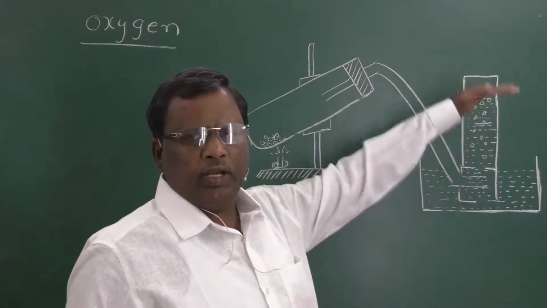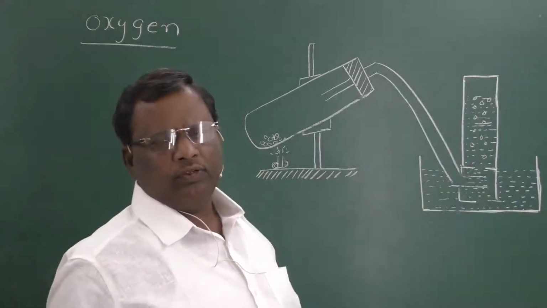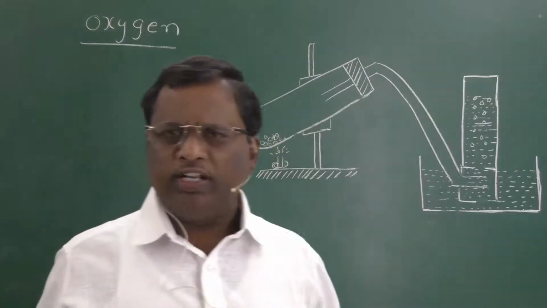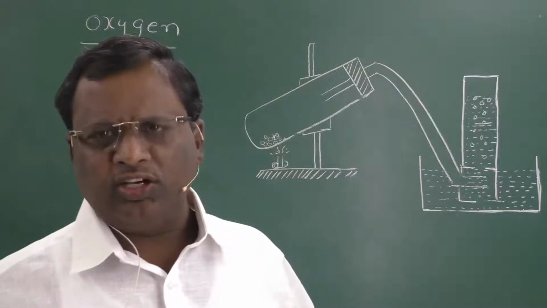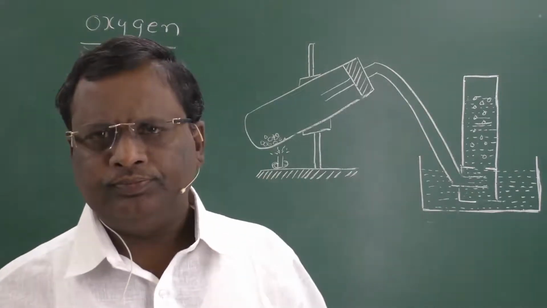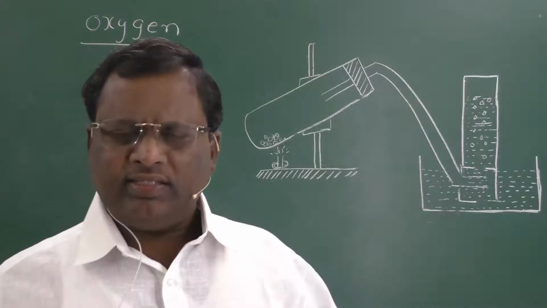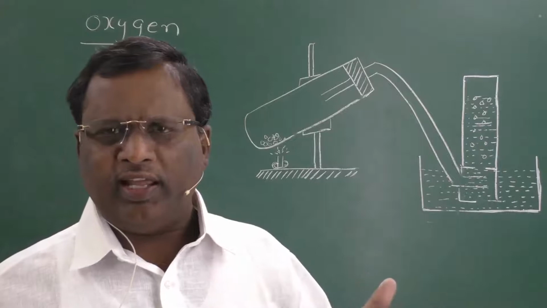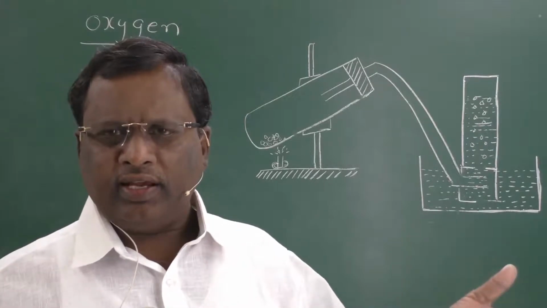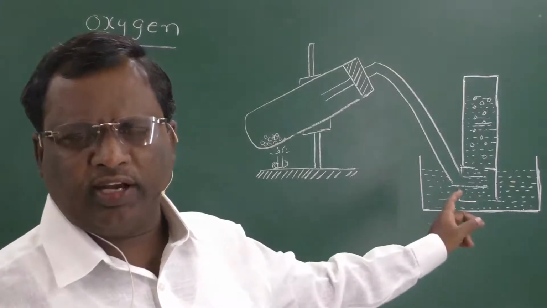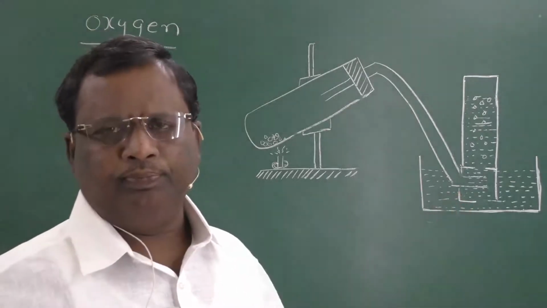This is called downward displacement of water, collecting oxygen gas by downward displacement of water, because oxygen is slightly soluble in water and it is lighter than air. That is why we cannot directly collect oxygen in a collecting jar like carbon dioxide or sulfur dioxide. That is why we are collecting it under water.